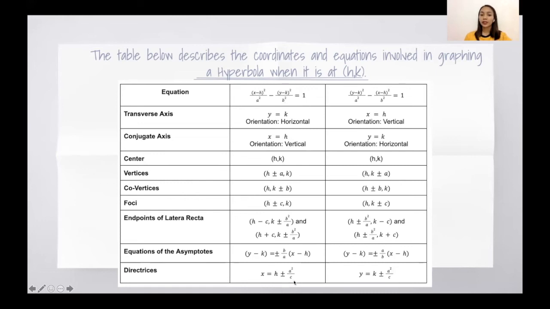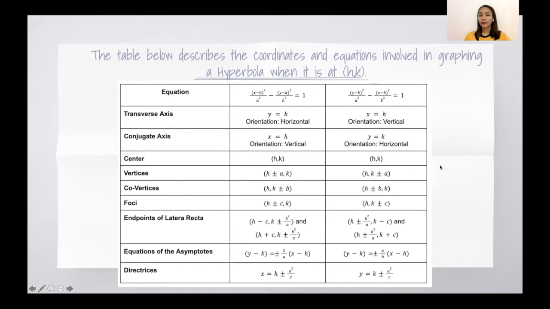So here are how you're going to find the coordinates and equations of a hyperbola. So eto na yon, mga guide nyo to find the coordinates and equation. Also for the vertical transverse axis, here are also on how you are going to find the coordinates and equations of a hyperbola. So you need to have a copy of this, just like in finding the coordinates and equations. If the center is at 0, 0, ganito din po.